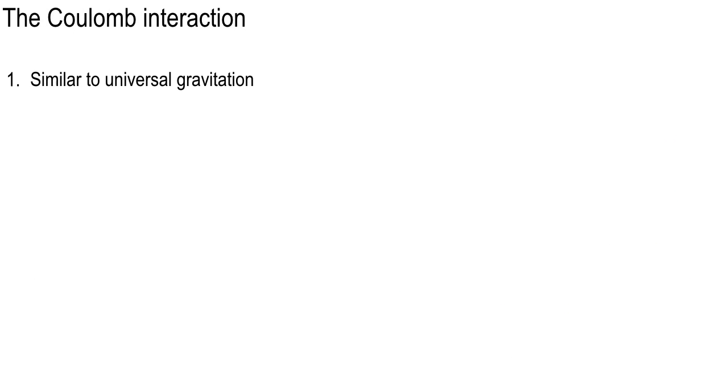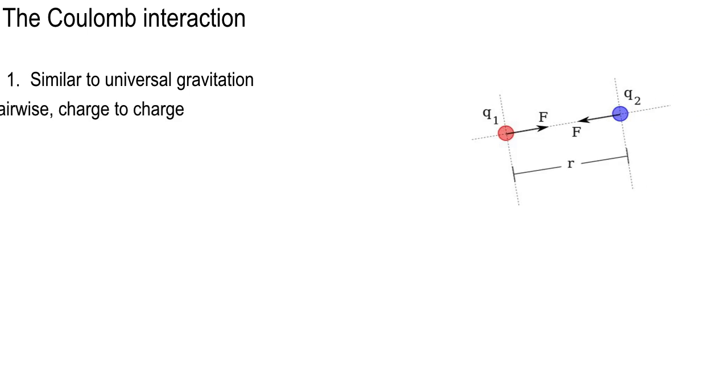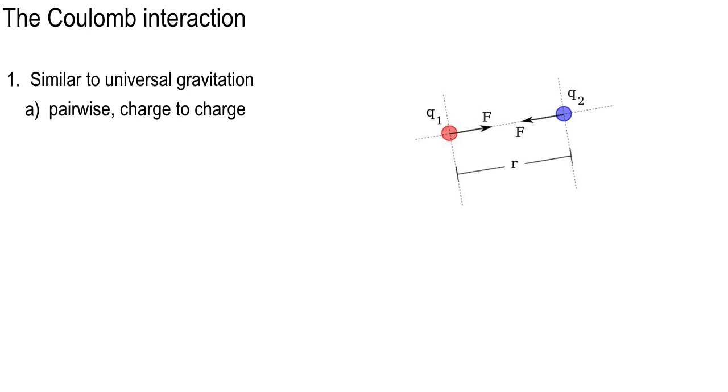Here it is. The Coulomb interaction is very similar to universal gravitation. First of all, it goes in a pairwise interaction. So charge to charge in this case. It's not mass to mass. The symbol we use for a charge is little q, sometimes capital Q, but usually little q.